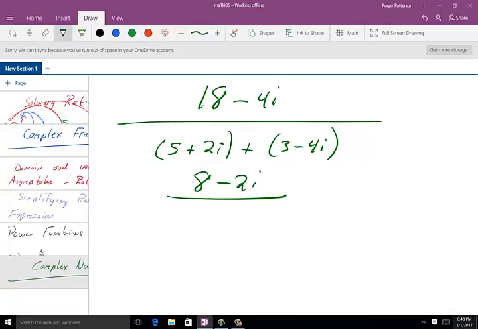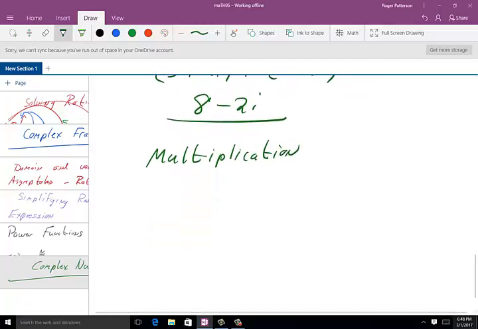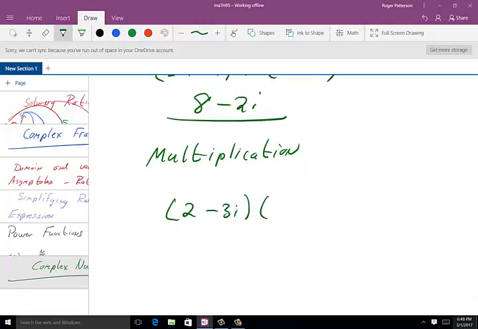Okay. Multiply. You'll see this too. It'll make sense to you. What do you think you do with those, if the i is a variable?